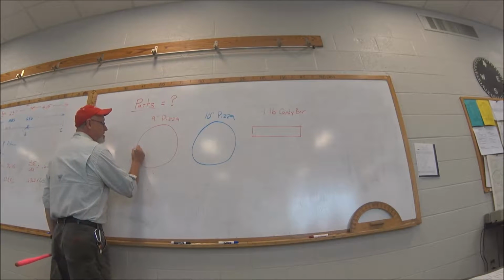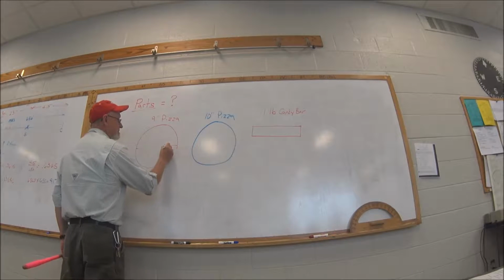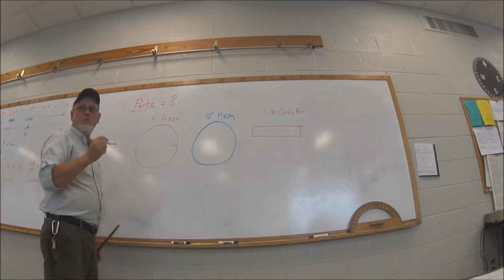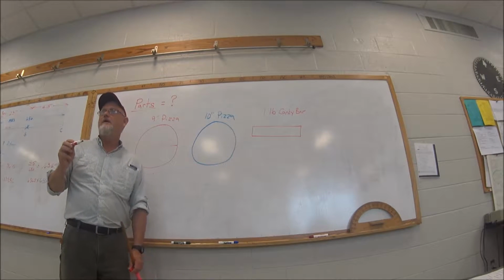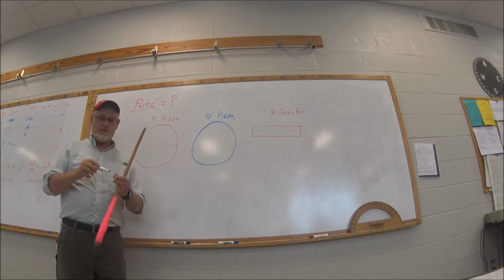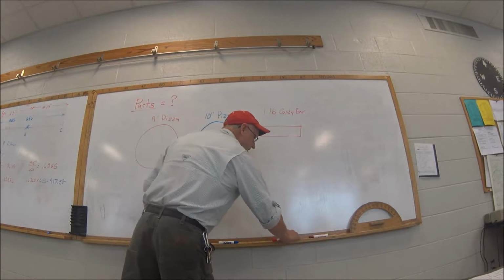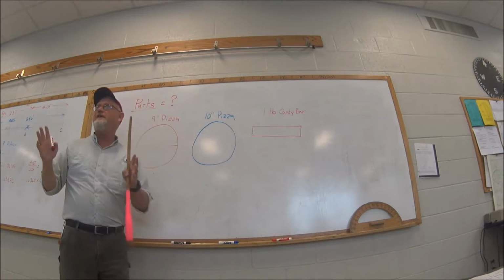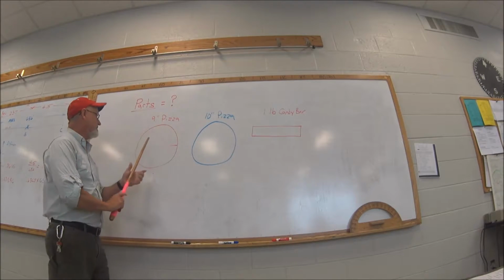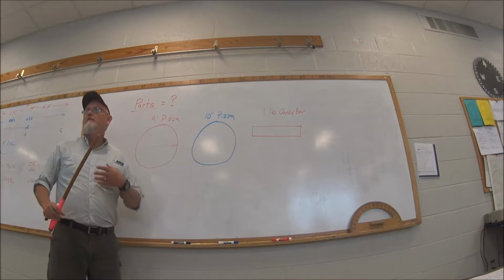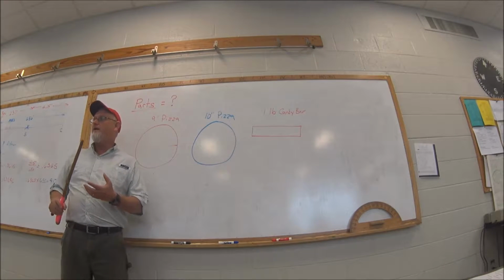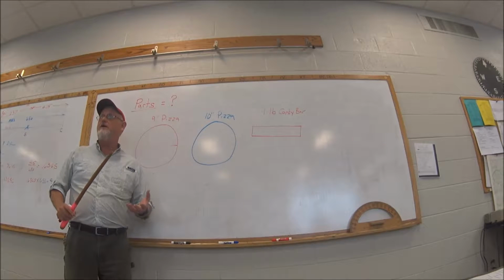If we had 2 parts, what would a part weigh? 5 pounds. So it's still a part, but the pounds did not change. As we added more parts, the weight of the part changed, correct?